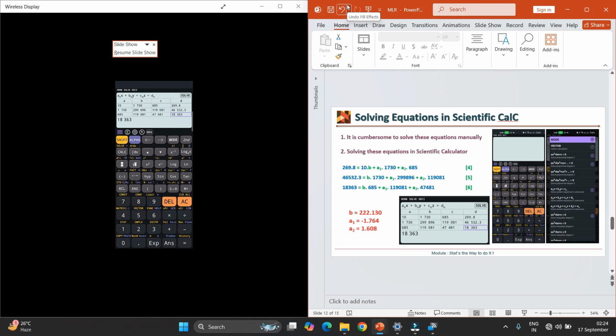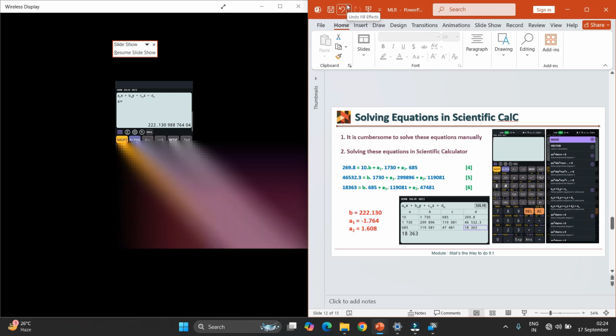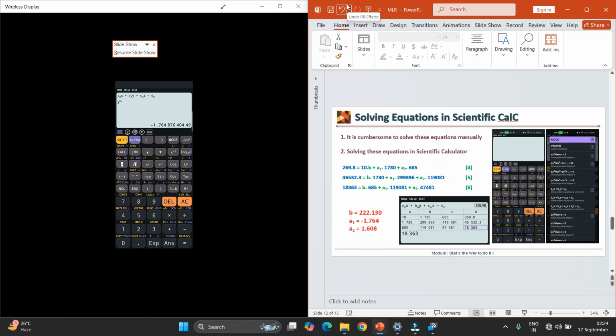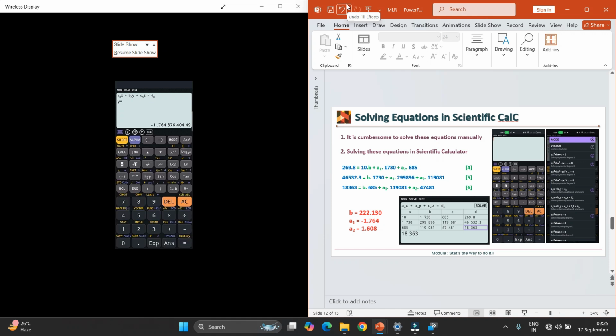Now the first time I press equal to, I will get the value of B. You can see on screen. The value of B is 222.130. I have already written the value of B on the slide. Then the second time I press equal to, the value is minus 1.764.